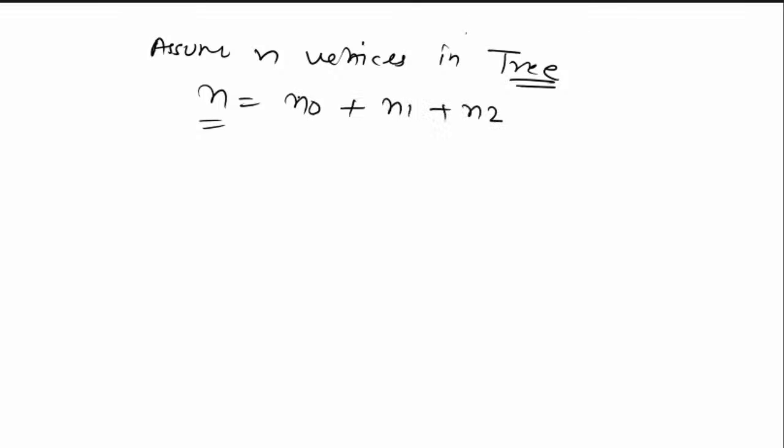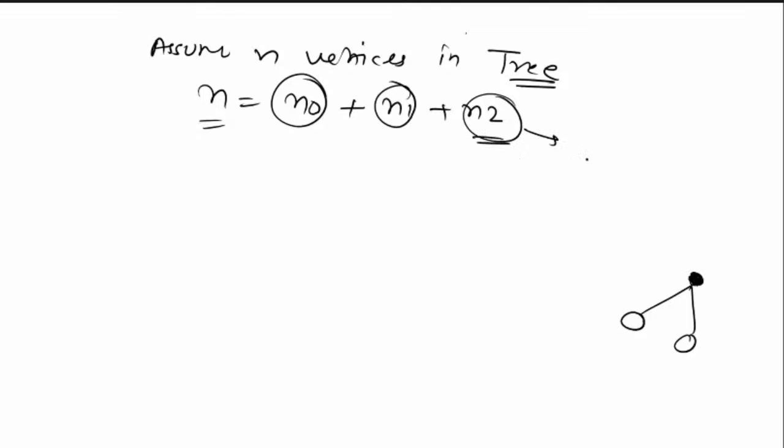Remember, n0 means the number of leaf nodes, n1 means the number of nodes which have one child, and n2 means the number of nodes which have two children. So n2 is the number of vertices having two children.